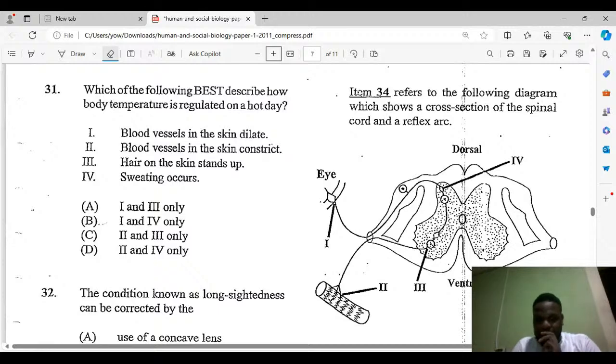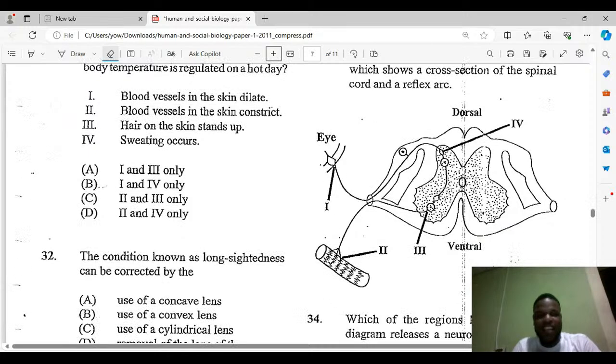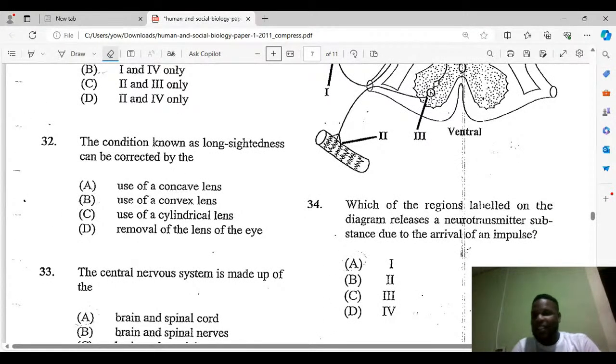32. The condition known as long-sightedness can be corrected by which lens? Long-sightedness. So you correct that. Convex lens, B. All right.